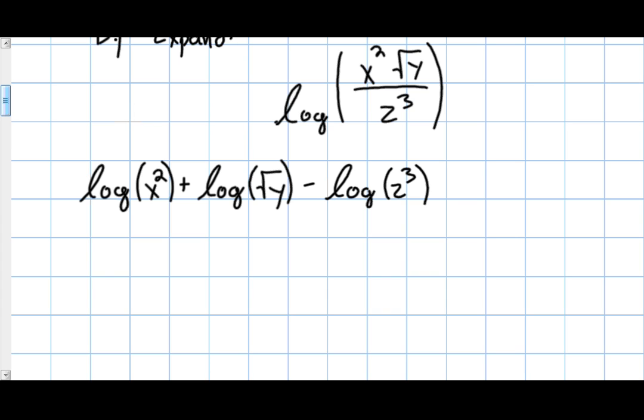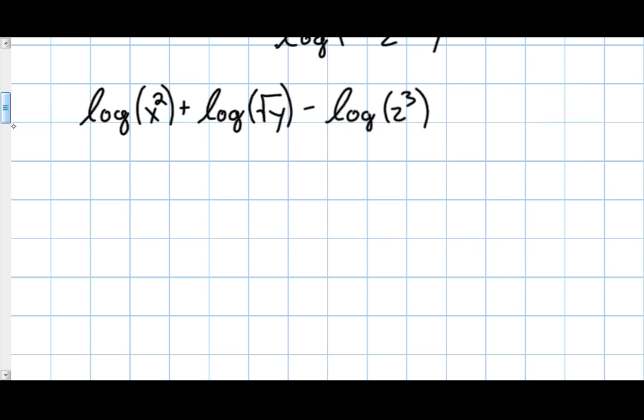All right, so far so good. Now let's get rid of those exponents though. So that third rule that we went over said I can take whatever the exponent is and move it out to the front. So this is going to give me 2 times the log of x.